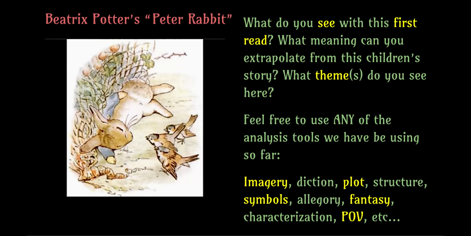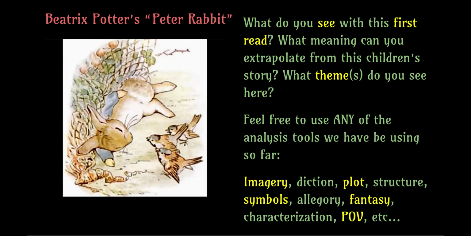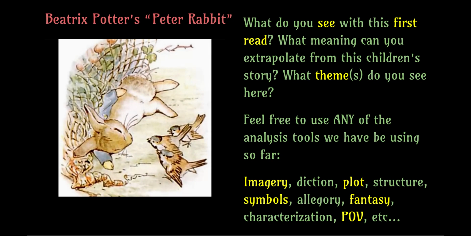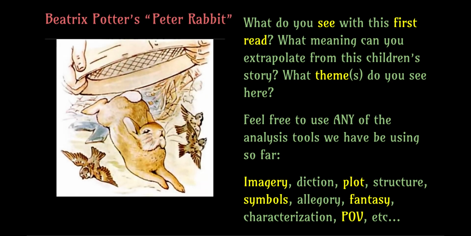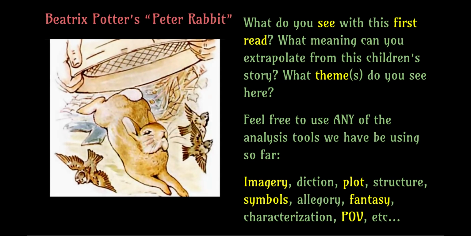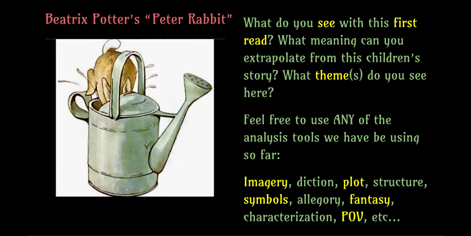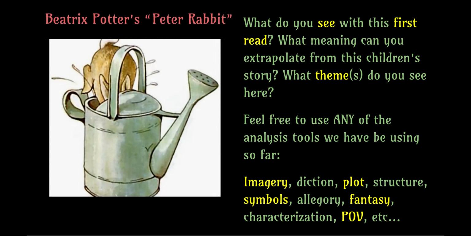Peter gave himself up for lost and shed big tears, but his sobs were overheard by some friendly sparrows who flew to him in great excitement and implored him to exert himself. Mr. McGregor came up with a sieve which he intended to pop upon the top of Peter, but Peter wriggled out just in time, leaving his jacket behind him, and rushed into the tool shed and jumped into a can. It would have been a beautiful thing to hide in if it had not had so much water in it.